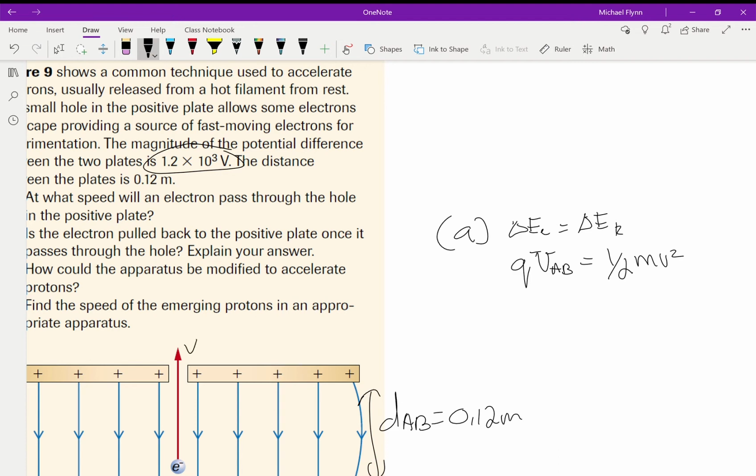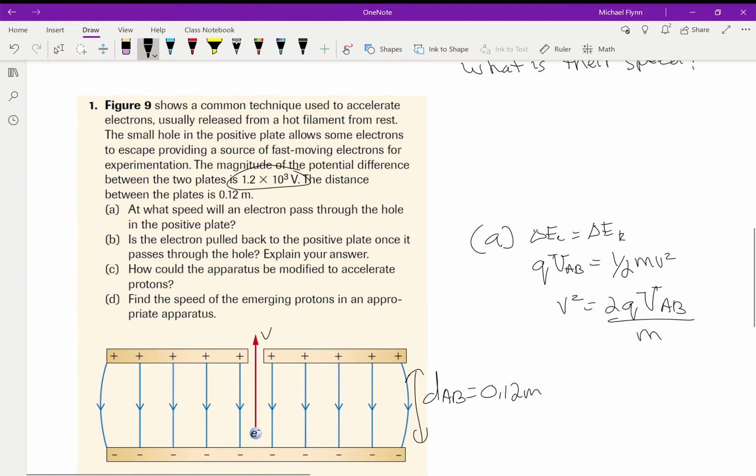Now don't confuse the two v's, one's voltage, one's speed. Now we just have to solve this. Notice that they don't give you the charge and the mass of the electron. Well, we need those numbers. You're going to get v squared equals 2qV_AB over m. So we do need the mass and charge.